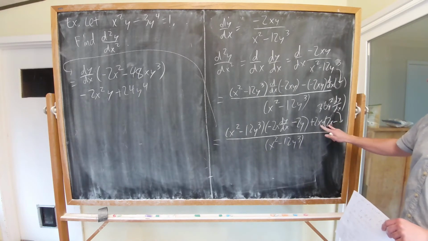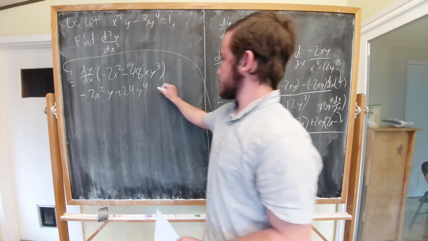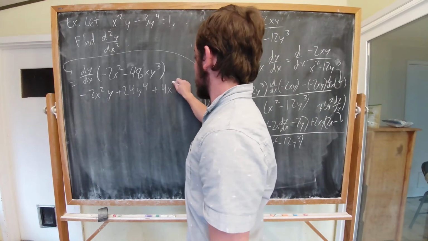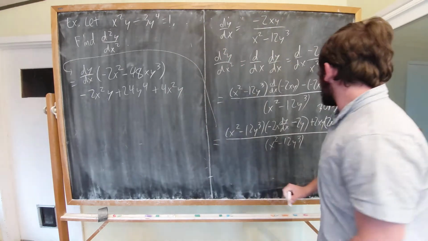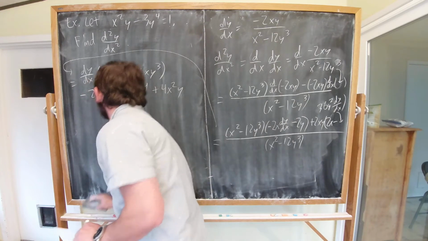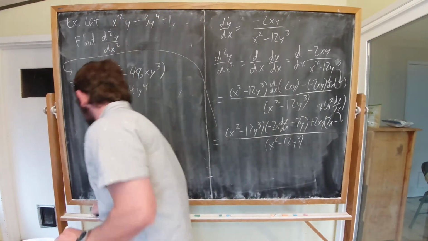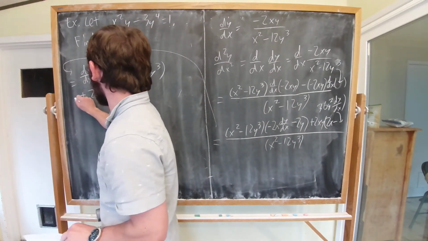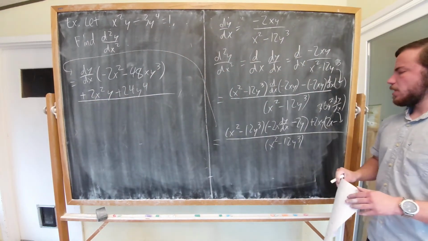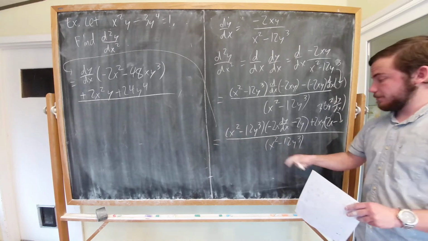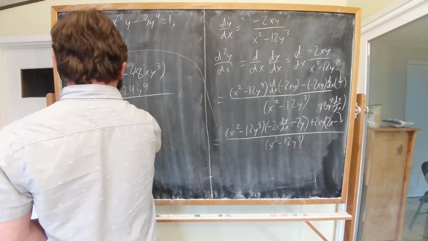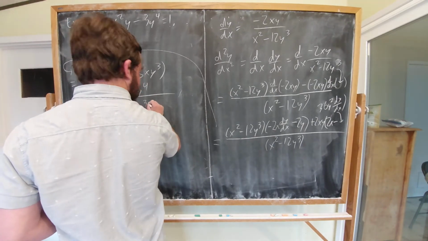We have the 2xy times the 2x, which will be plus 4x squared y. And actually, those terms are the same, so let's merge them. We get a plus 2x squared y at the end of that whole shebang. And that is all divided by x squared minus 12y cubed, squared.